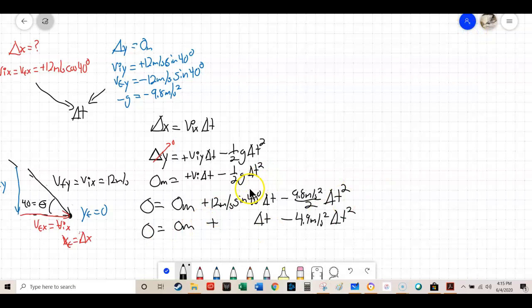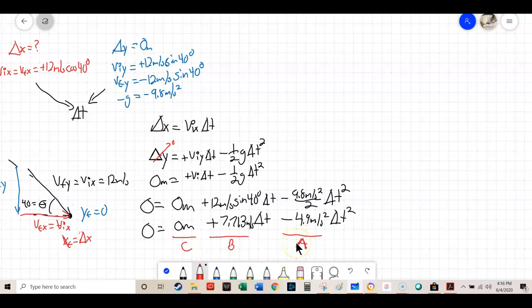So 12 meters per second sine of 40 degrees is 7.713 meters per second. Okay, well, this is a quadratic equation problem, right? This is C, this is B, and negative 4.9 is A.